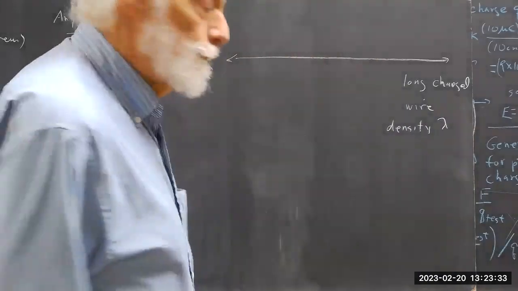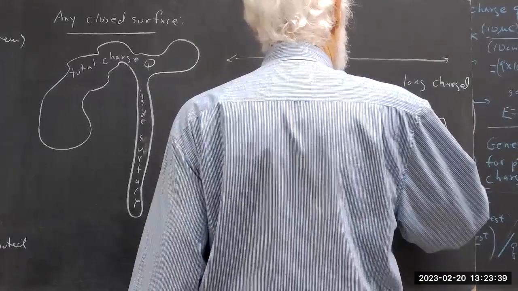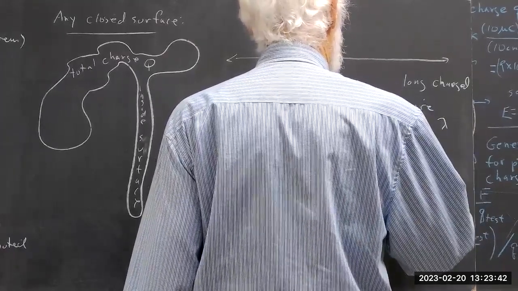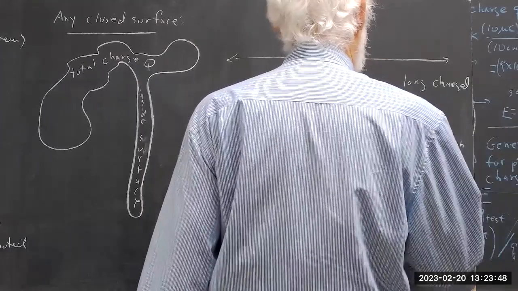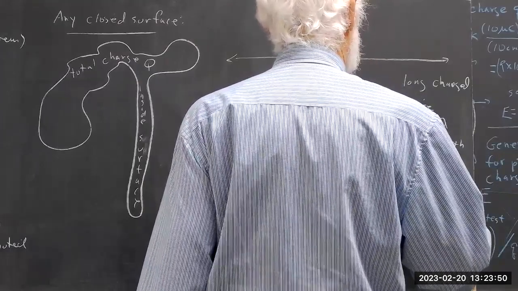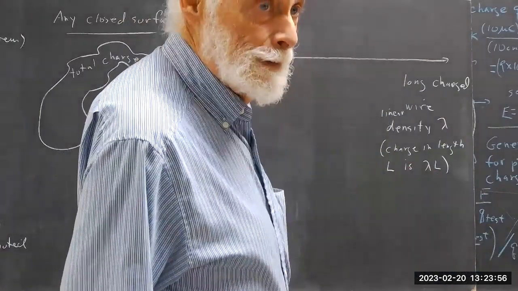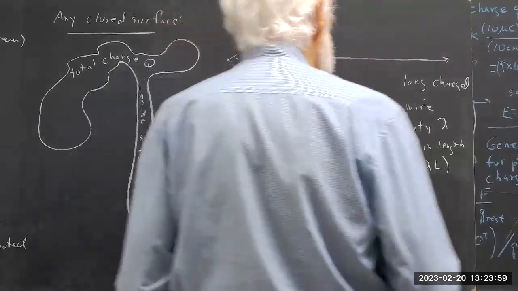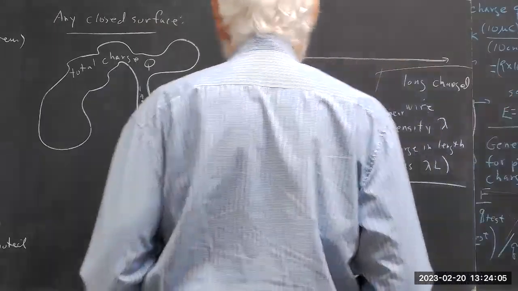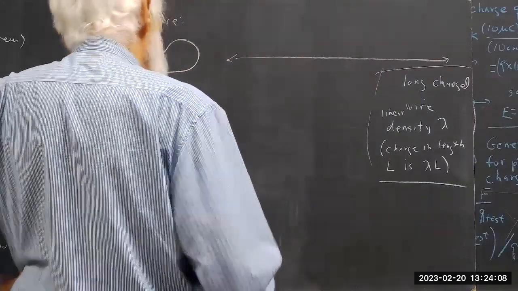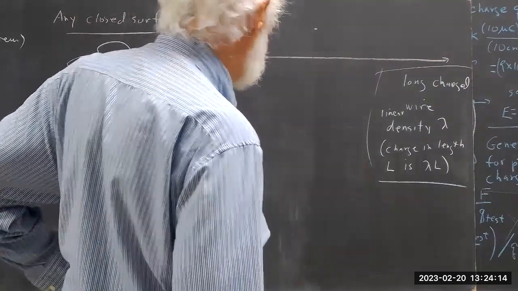Density lambda. It's a linear density. Charge at a length L is lambda times L. Let's say that we want to get the field at this point.